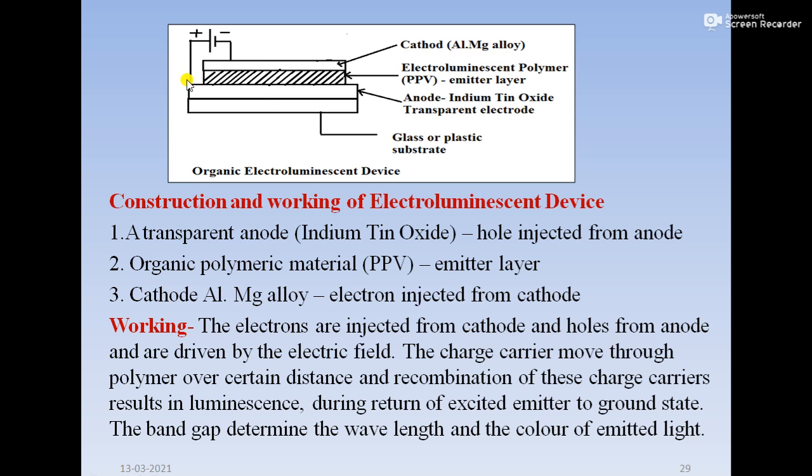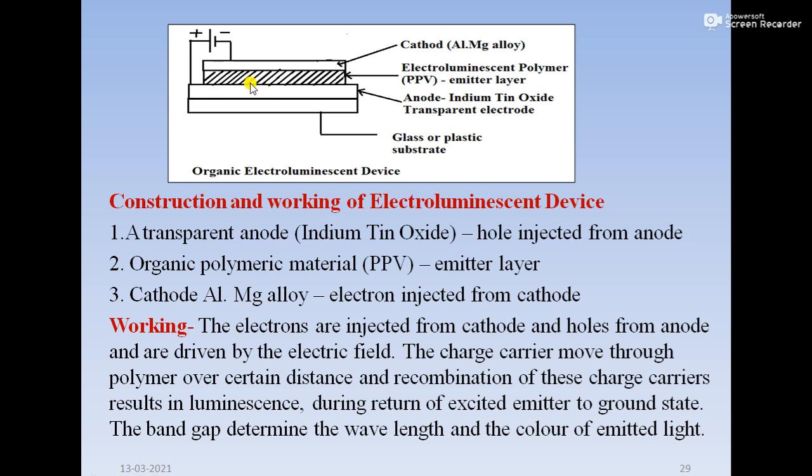So the positive charge is connected to the anode and the negative charge is connected to the cathode. That means negative charges are coming from the cathode to this electroluminescent polymer, and positive charges are coming from the anode. So negative from the upper side and positive from the below side.